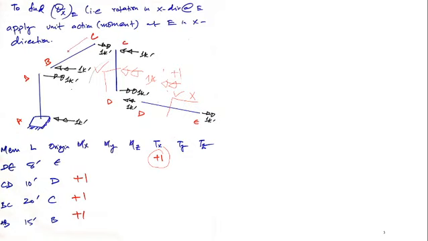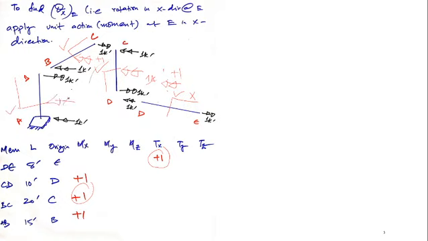Finally, in BC, my origin is C, and I have to find all moments here. This is clockwise acting. This is counterclockwise acting, so I have to balance it with clockwise, +1. It's a +1 here. In member AB, my origin is B. I have to find all moments here. This is counterclockwise, so it would be balanced with a clockwise one kip foot, so it is one kip foot here.